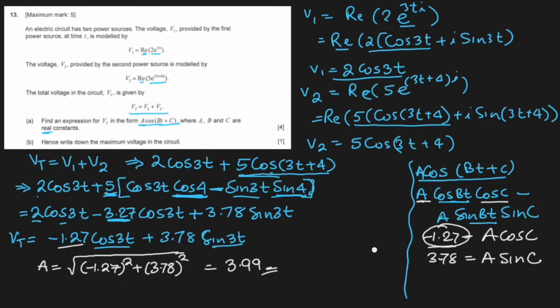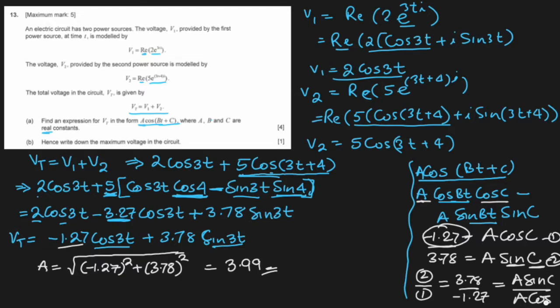Okay, what about C? We need C as well. So C is always, let me show you why I'm doing this. This is equation number 1, this is equation number 2, and if I divide equation number 2 by equation number 1, why 2 first? Because I want sine on top. 3.78 over negative 1.27 is A sin C over A cos C. So can you see, A and A cancel, sine over cos is tan, and that's what I was going to write here.